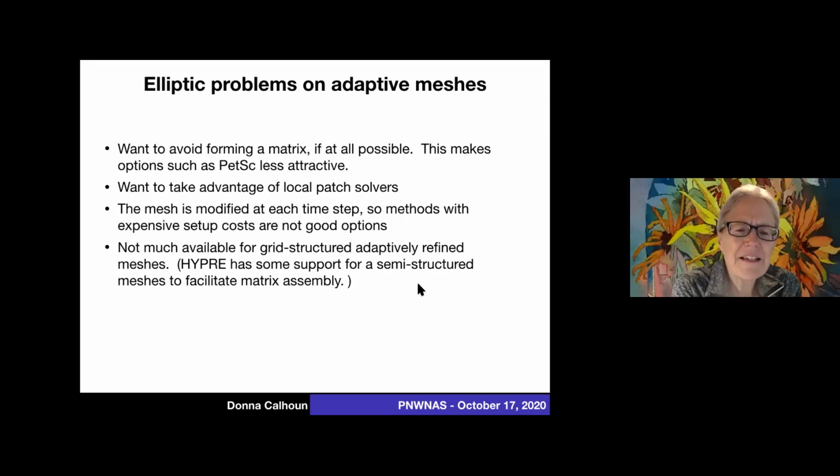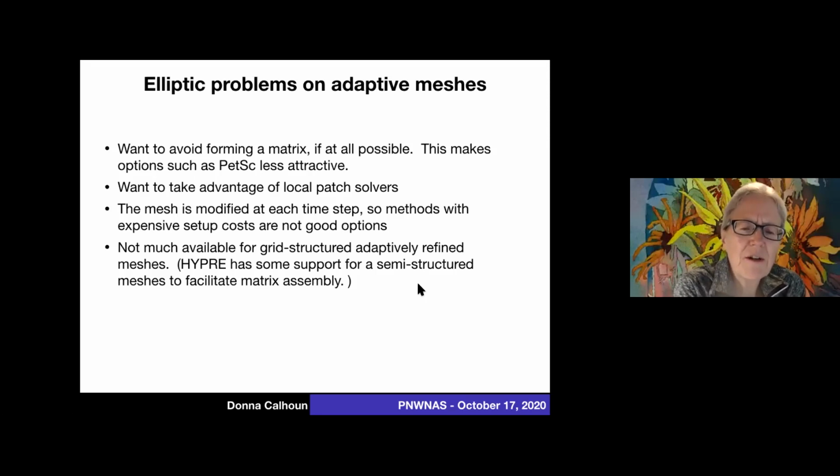And then there's really just not a lot available if you're trying to work in this space, right? So you're semi-structured, and of course there are lots of solvers for uniform Cartesian patches. Hypre has some support for a semi-structured mesh, and it allows you to facilitate matrix assembly so that you could then pass your solver off to one of Hypre's solvers, say BoomerAMG.